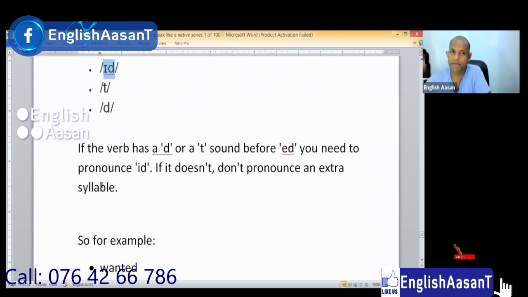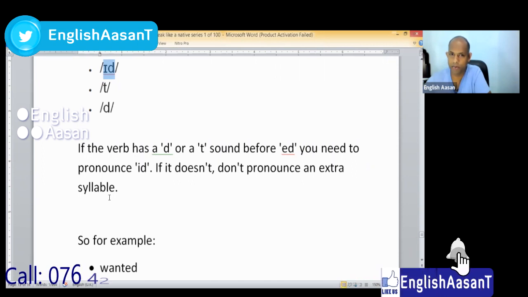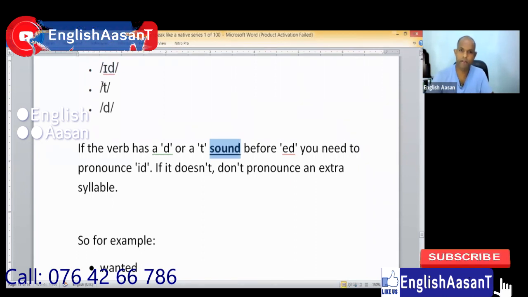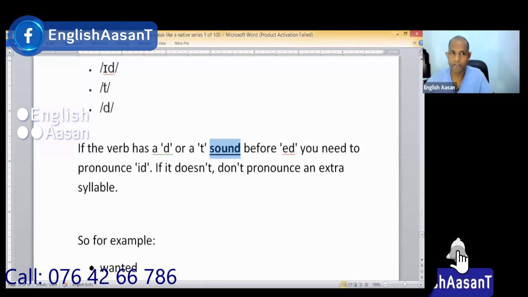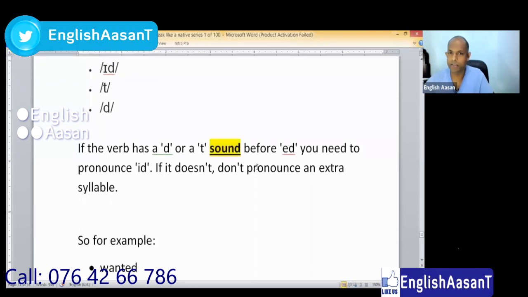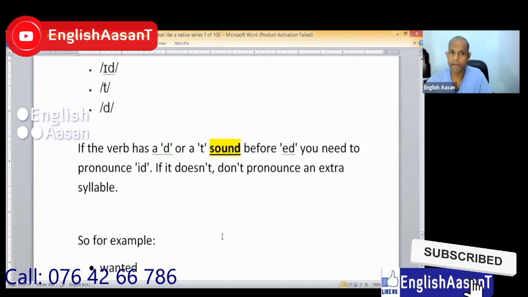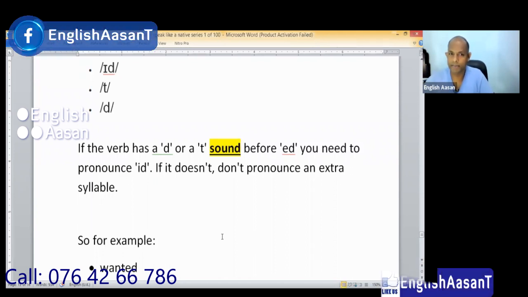So if the verb ends with a d or t sound, note the word, it's the sound, not the letter, so it should be very clear, then before ed, you need to pronounce ed as id.